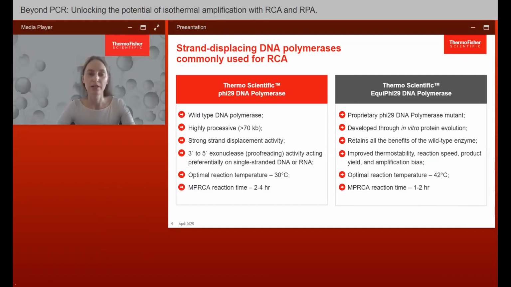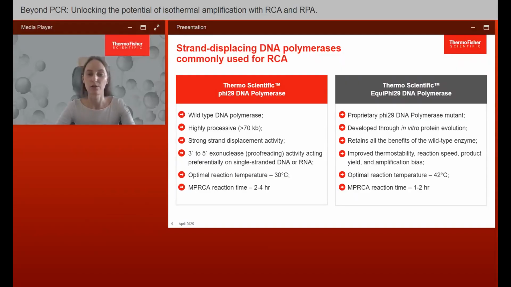But alternatively, you can use EquiPhi29 DNA polymerase, a Phi29 DNA polymerase mutant developed through in vitro protein evolution. It retains all the benefits of the wild-type enzyme, including high processivity, strong strand displacement, and exonuclease activity.